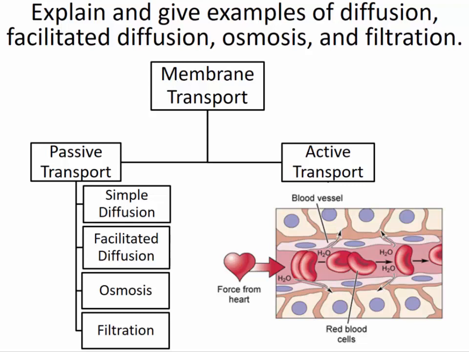Large things like the red blood cells that you see in the image here, or the proteins within our blood that are too large to move out of the capillary, will stay within the capillary while water is squeezed out through the spaces found between the cells of the capillary. This process is filtration because just water and other small particles are going out of the capillary into the tissue while the larger particles stay behind.